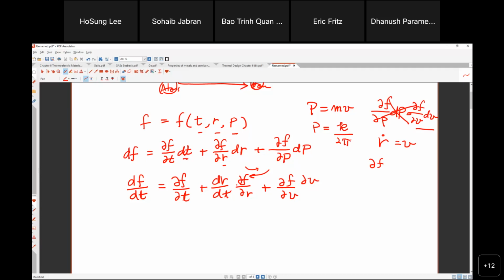I think we have derived momentum. Let me check. No, p is hk.